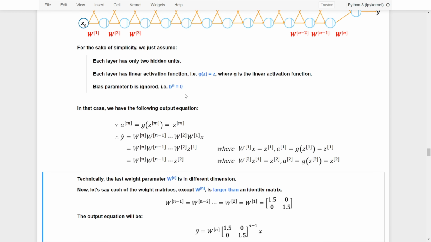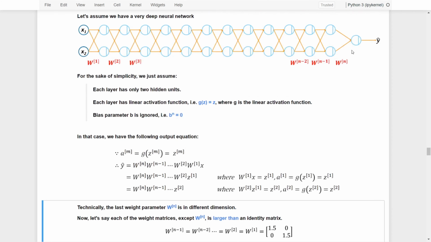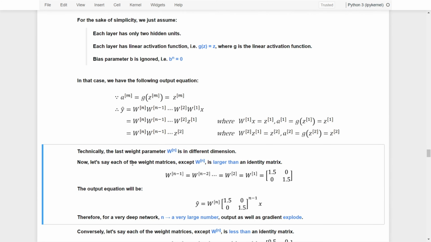Technically, the last weight parameter is a little bit different in terms of the dimensions. This is mainly because the outputs sometimes have to match your application or your purpose. Now let's say each of the weight matrices here, except the last weight parameter, is a little bit larger than an identity matrix. Let's say that all of them are equal to 1.5, 1.5 instead of an identity matrix that is 1, 1 here.